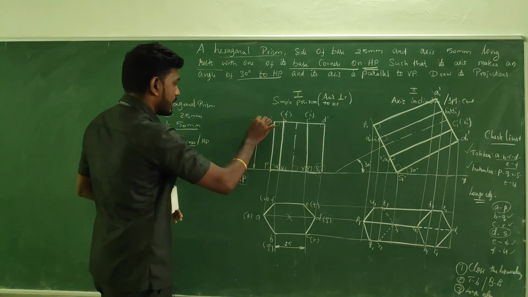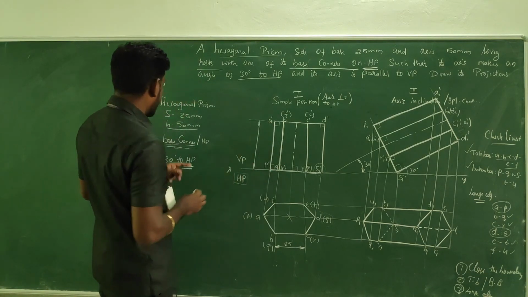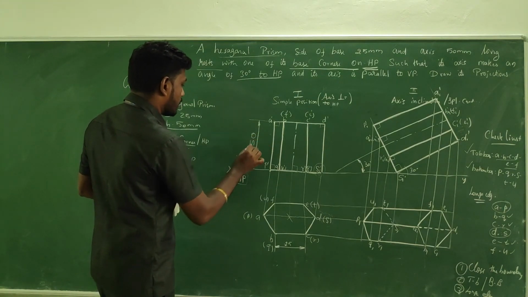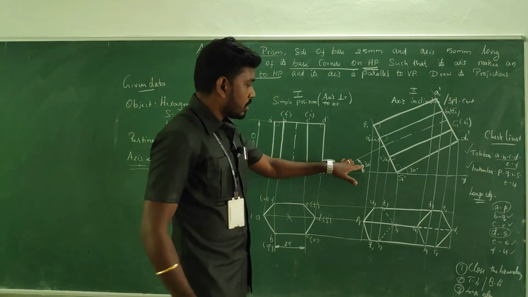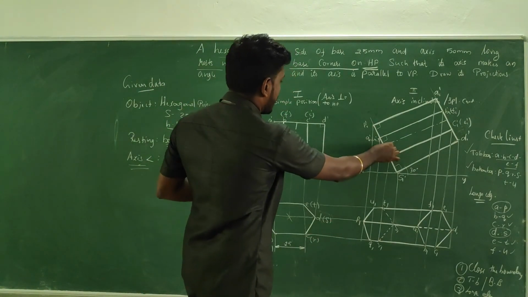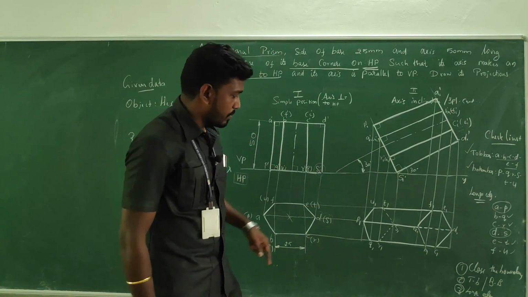So here I am going to take a vertical line parallel to the axis and right above it 50. And then the important part is the inclination. The axis is inclined, so take the inclined line from the axis and note it as 30 mm.